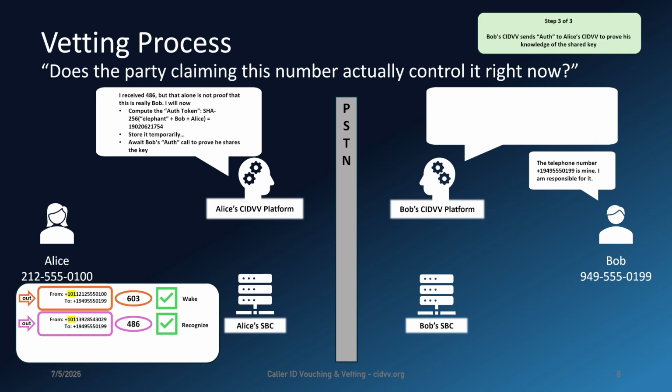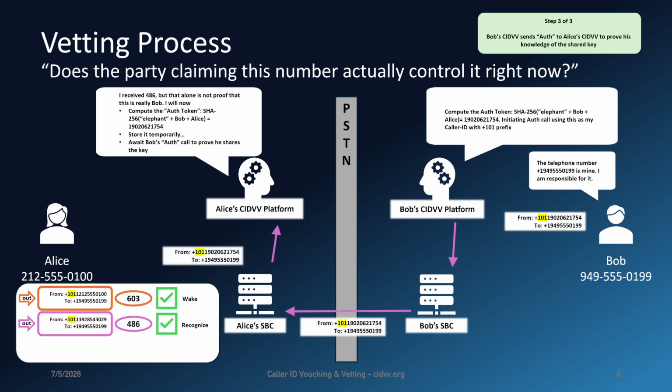So now Alice computes another token called an auth token, which is a slightly different derivation. It's simply the shared key plus Bob's number plus Alice's. So it's just a slightly different order. And Alice's platform stores that in memory temporarily. Bob computes the same token with the same algorithm, and initiates an auth call with that as Bob's caller ID.